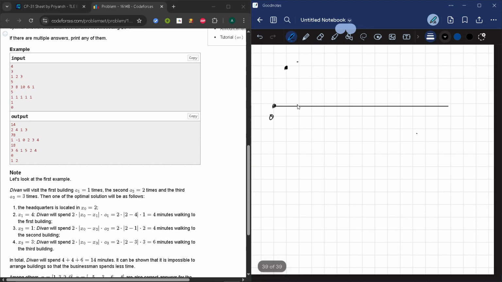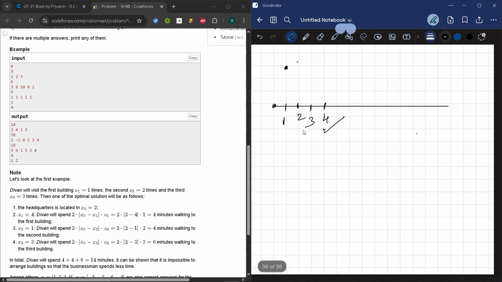Let's say two, and anyways, it's not of any concern. Three, four, one, three. Okay. Now he arranged those buildings such that first he'll go to the fourth building.